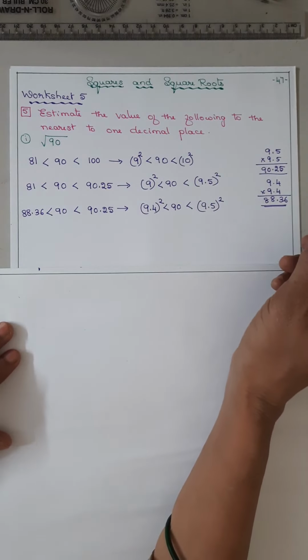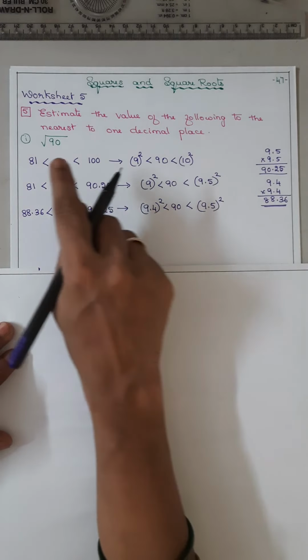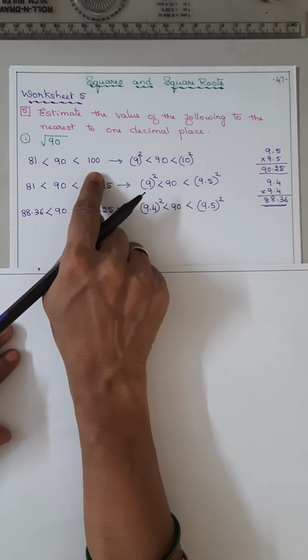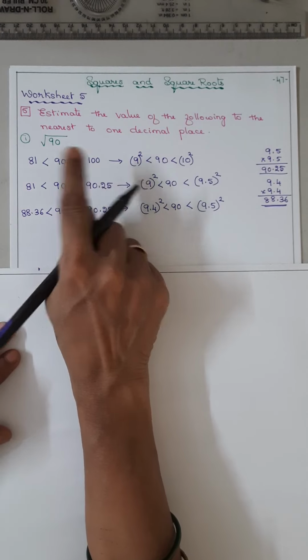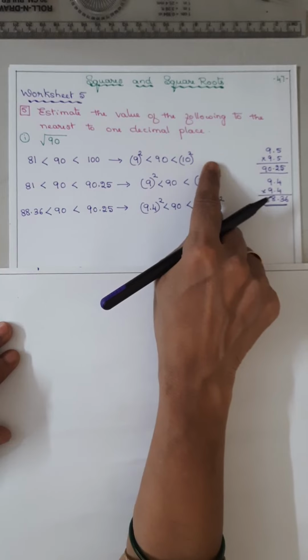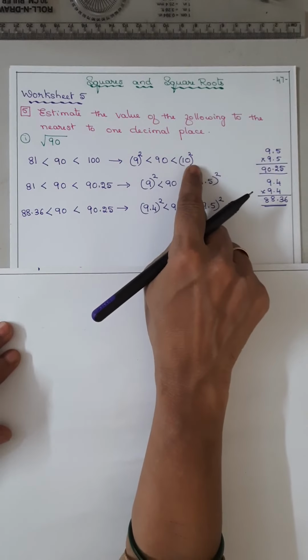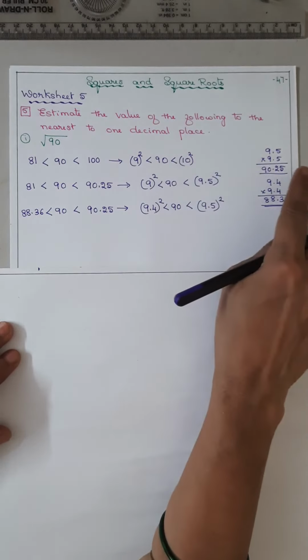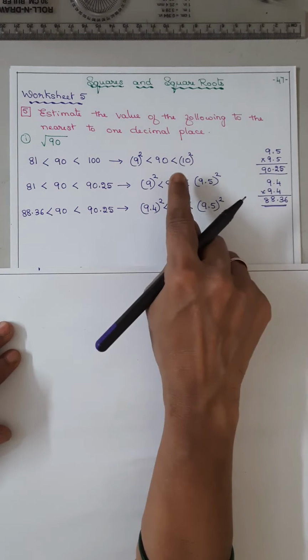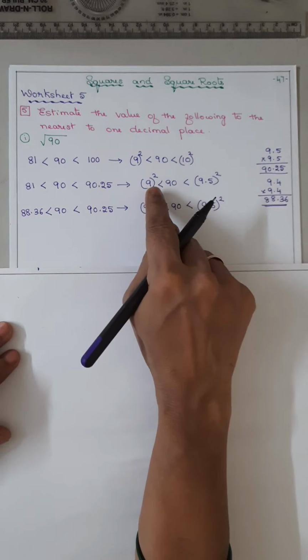सबको समझ में आया इधर तक? तो पहले देखो 90 कौन से दो स्क्वायर नंबर्स के बीच में है, और देखो 81 किसका स्क्वायर है, 100 किसका स्क्वायर है. सो 9 एंड 10 के बीच में आएगा. तो इसके लिए फर्स्ट चेक करो 9.5 स्क्वायर. So 9.5 square is more than 90.